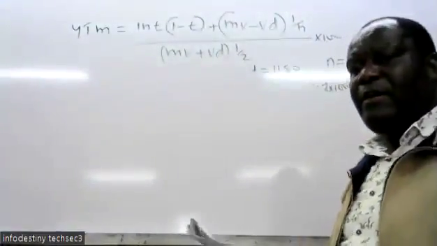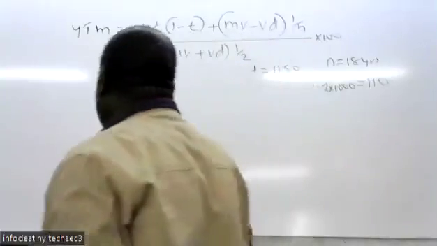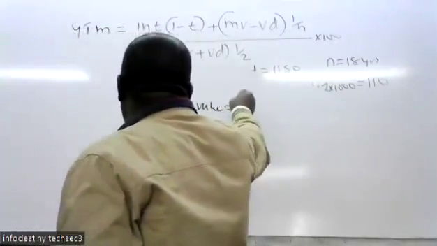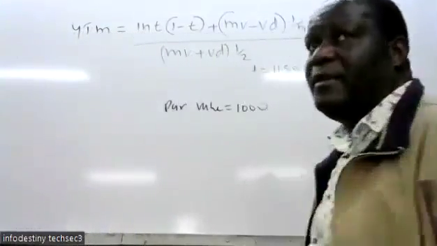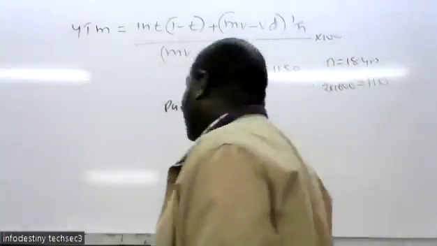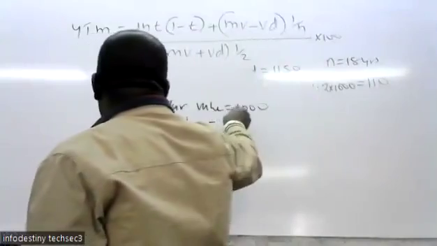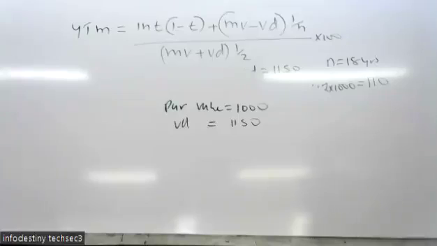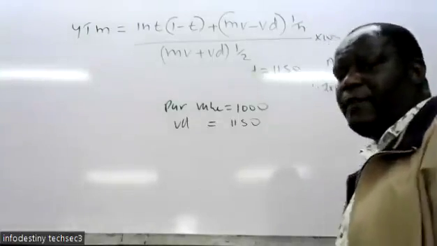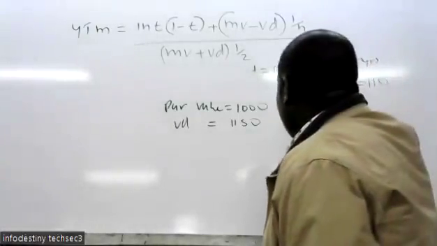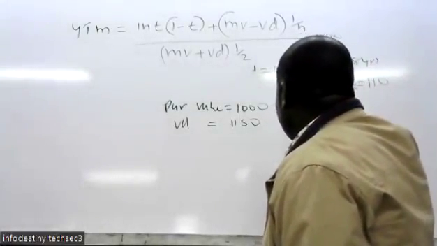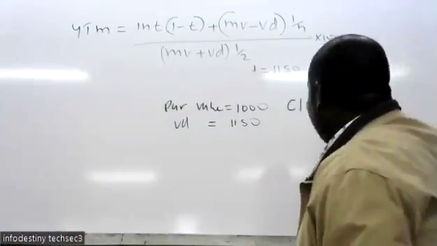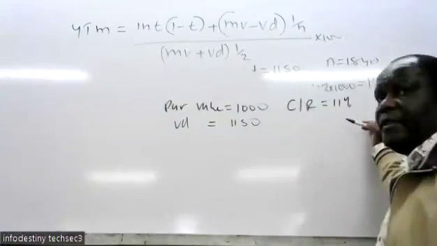So the par value, you can see the par value was what? 1,000, but it is currently selling at what? 1,150. Then also from the details in the question, the coupon rate was given as what percent? 11%.